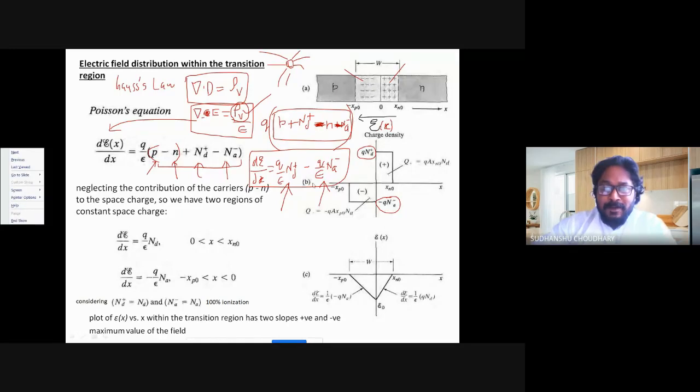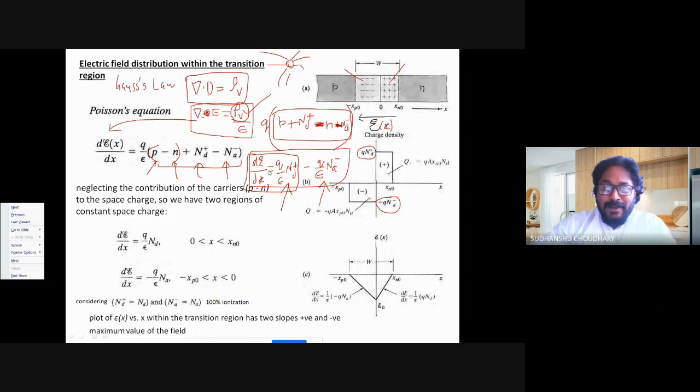So what positive and negative mean here is that the electric field increases when X is increased in this case, but in this case the electric field decreases when X is increased.